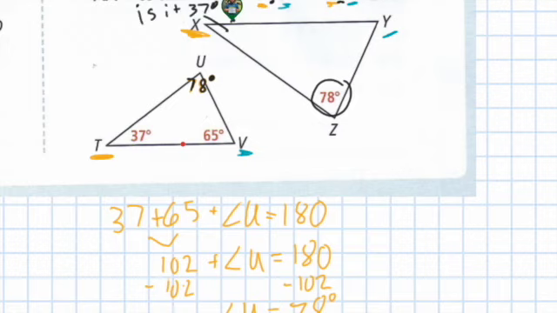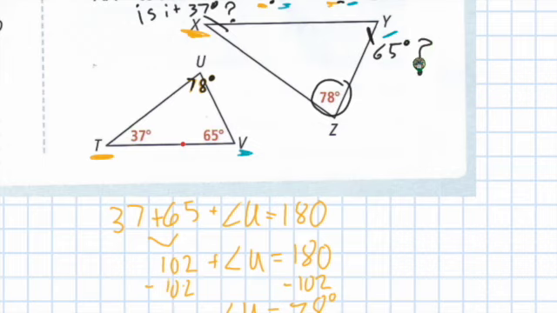If we're given that additional information that it was, then we'd be fine. Or if we were given over here that Y matched up and was congruent to V, and was 65 degrees, then it would also be congruent.